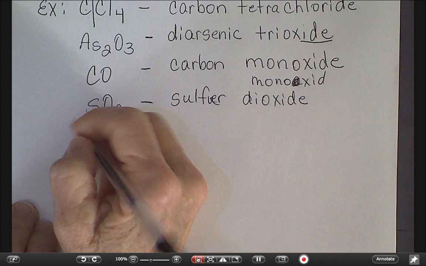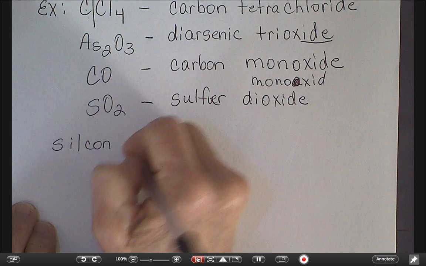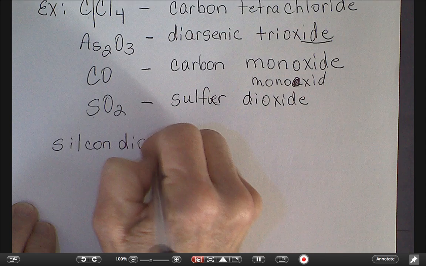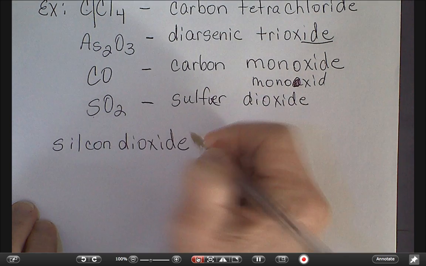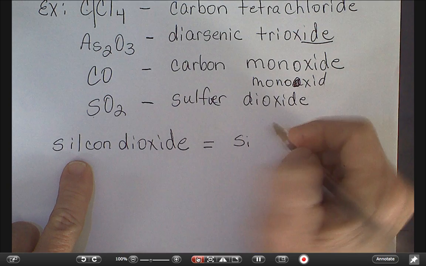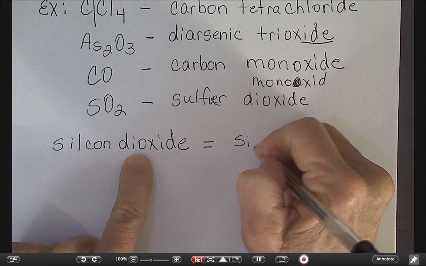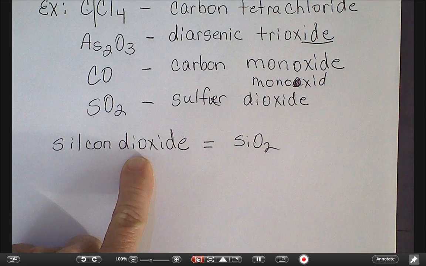Okay, now reverse. Name. Silicon dioxide, formula writing. How many silicons? 1, so Si. How many oxygens? 2, O2. That's SiO2.